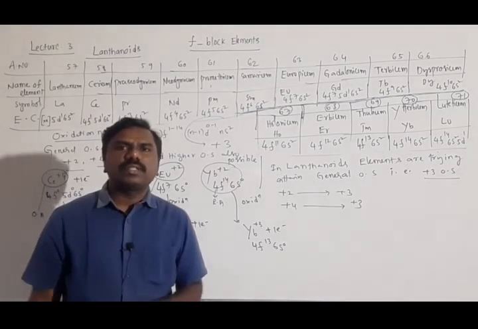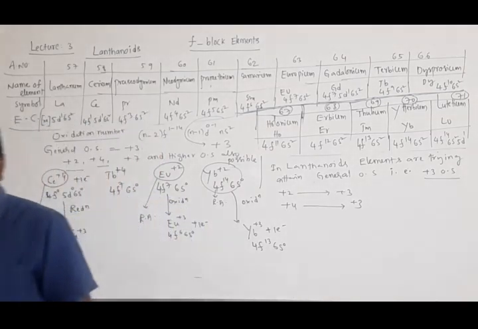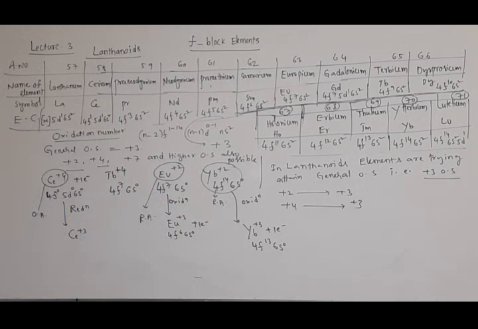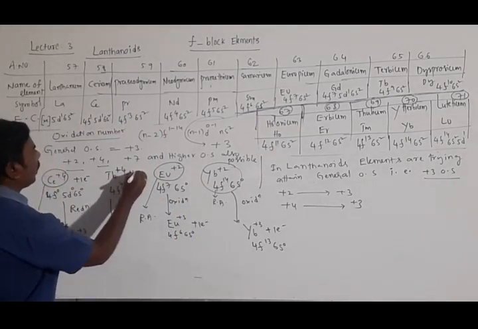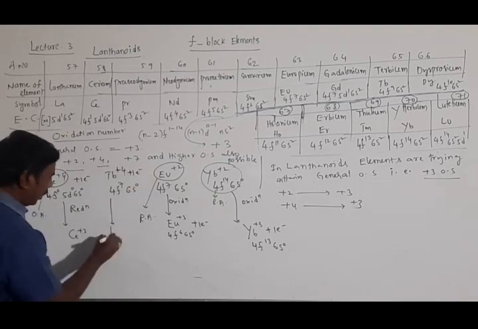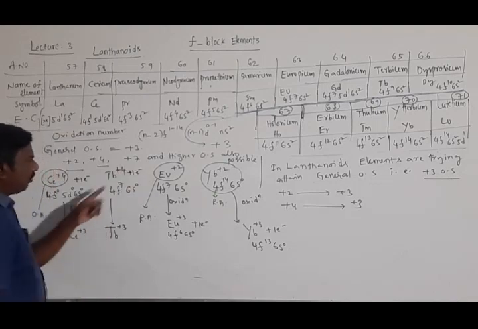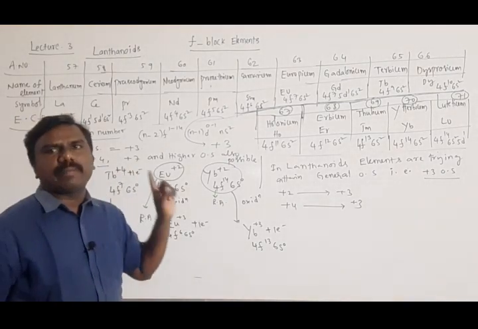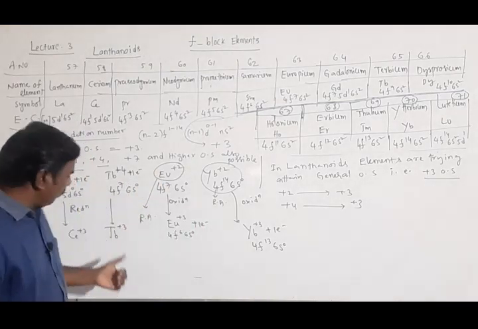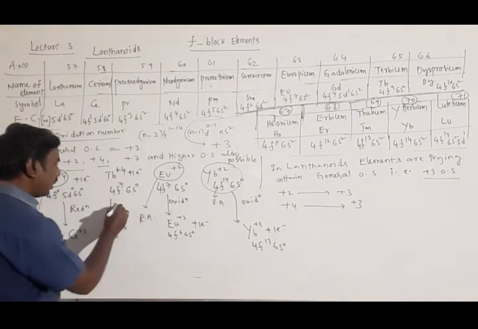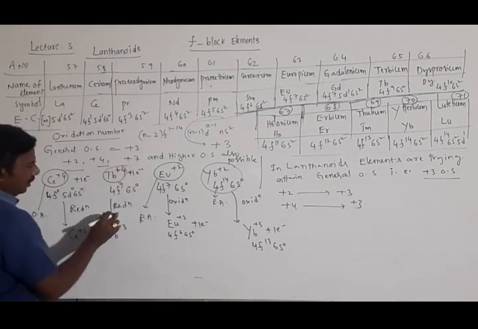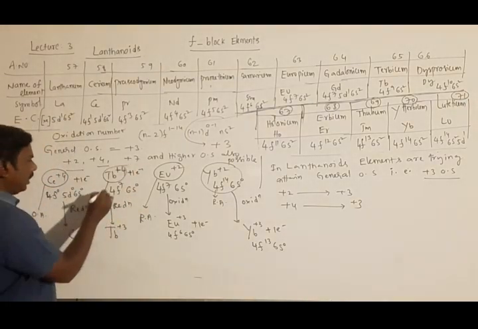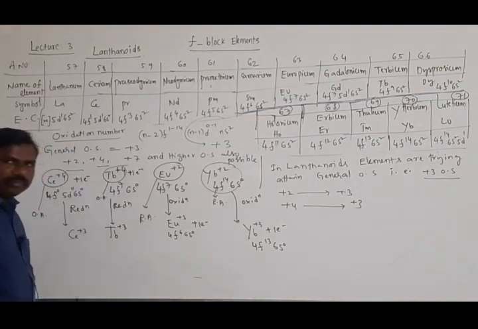Cerium plus 4 is an oxidizing agent. Terbium plus 4 is the next one. By gaining one electron, 1 minus, it becomes terbium plus 3. Gaining means reduction, itself involved in reduction, acting as oxidizing agent.